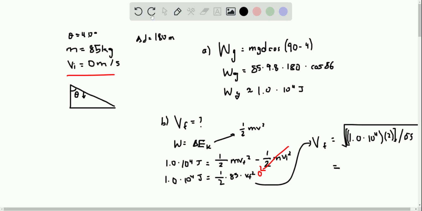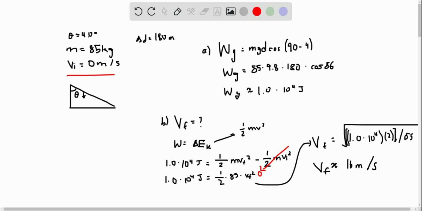Now this gives you approximately 16 meters per second after you plug that into your calculator.